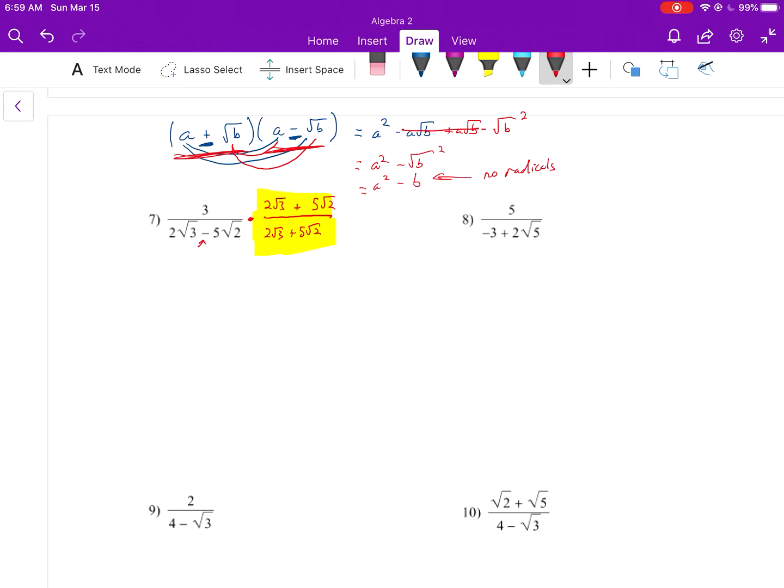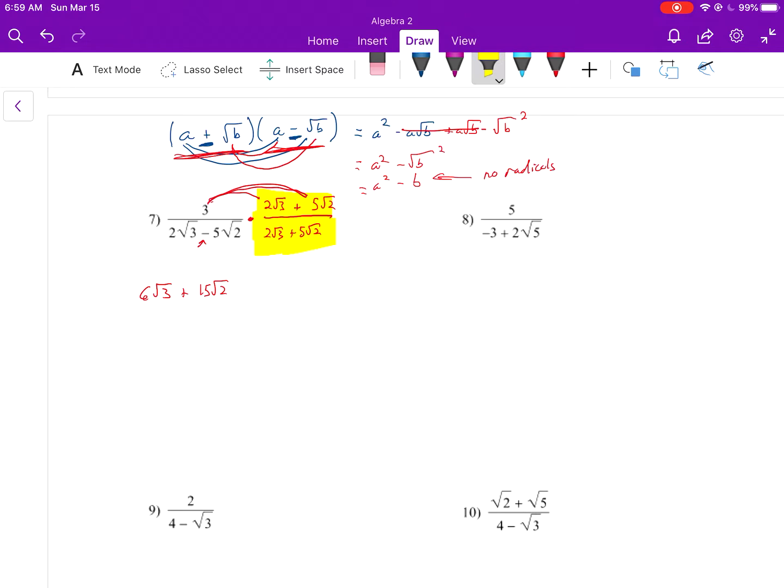So now all that's left to do is some multiplying. So we distribute this 3, and we have 6 root 3 plus 15 root 2. In the denominator, we have to multiply this whole thing out.